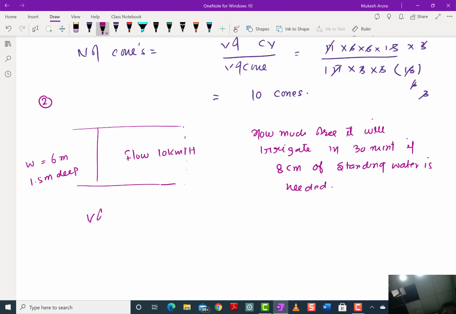That means volume of water in the river is equal to volume of water in the field.